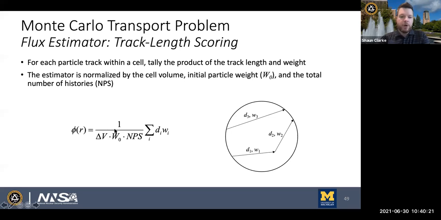So the units here are 1 over area, or 1 over centimeter squared, for example, which give you the units of flux. In Monte Carlo, we're always dividing by the number of source particles because what we're trying to do is estimate probabilities based on a large number of statistical trials. Estimators in all Monte Carlo codes are divided by the number of trials or the number of particles sampled.